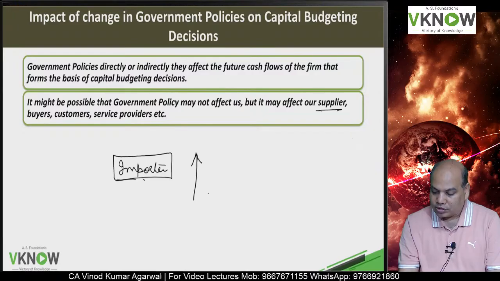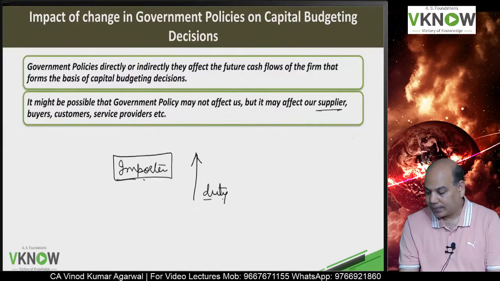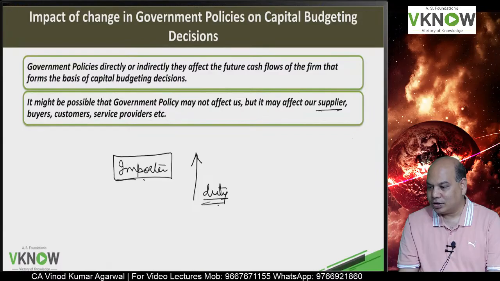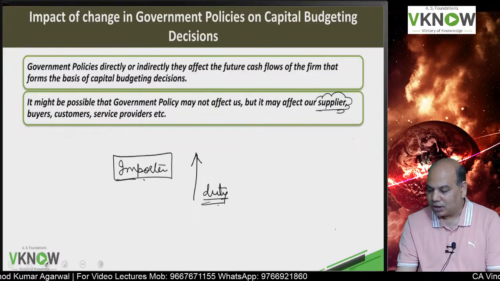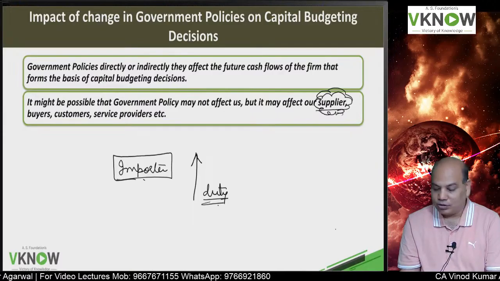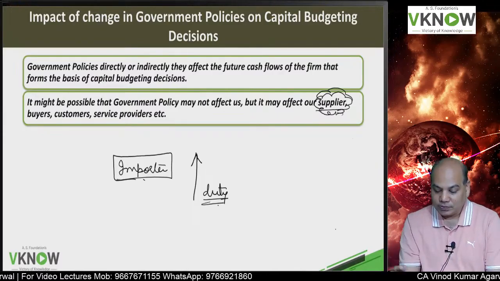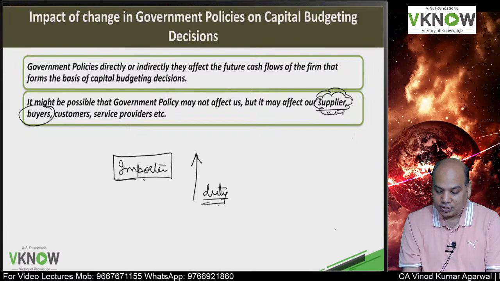Government increases the duty. And because of that, the supplier says, no, sorry, we will not be able to supply because we are no longer competitive in your market now. So that can affect.